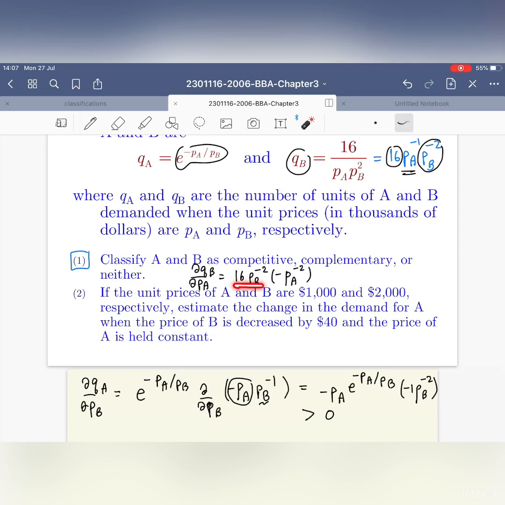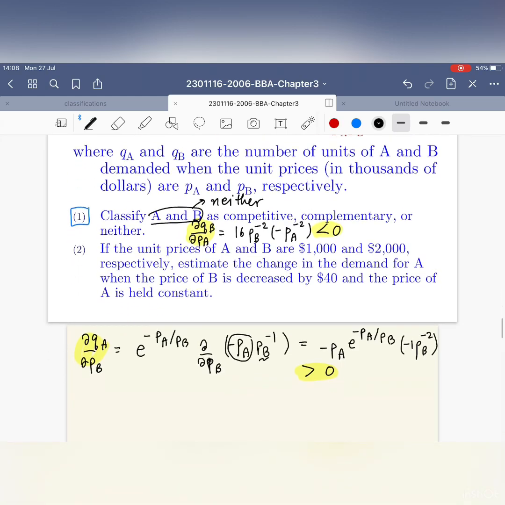So here they are positive, the price positive, so negative indicates here, so it means that this one is negative. So what does this mean? One of them, okay, is negative, the other is positive, so they are not in the same direction. Okay, so it means that this one is neither competitive nor complementary. So your A and your B are neither, or they have no relation at all. Okay.